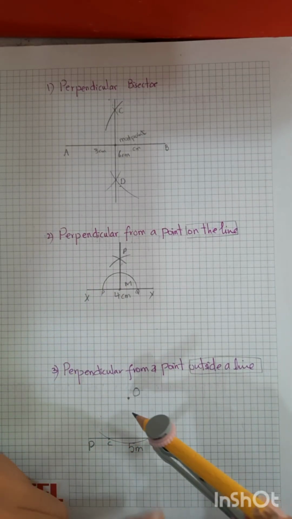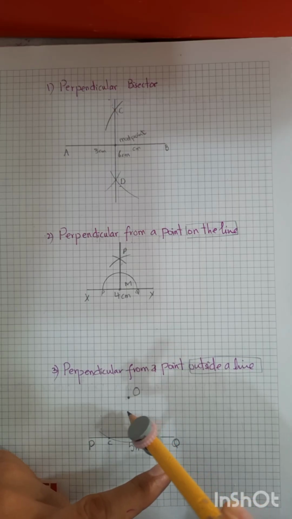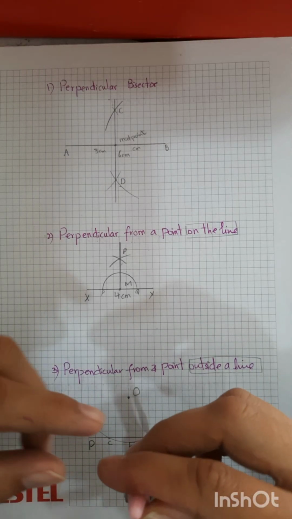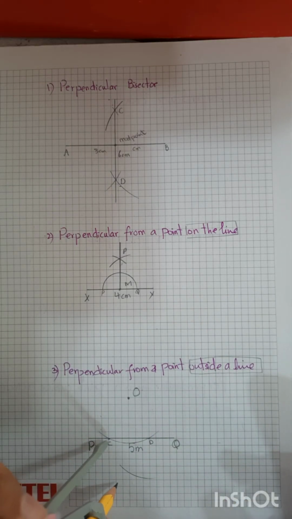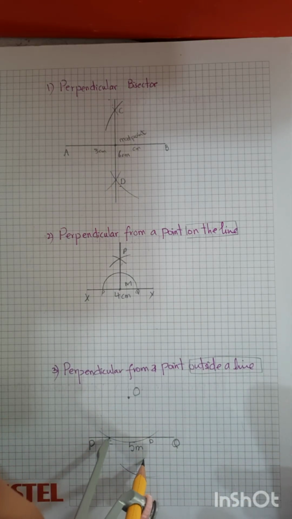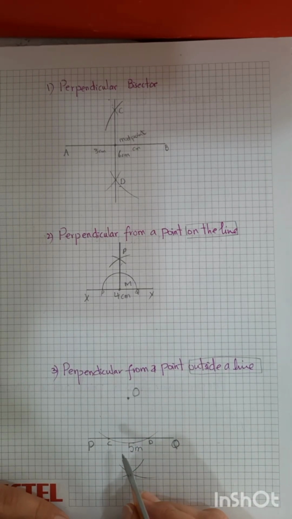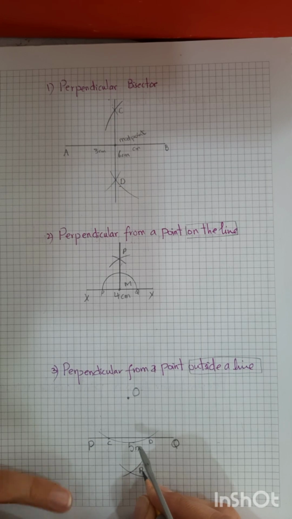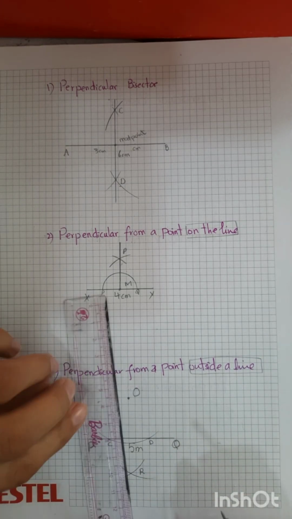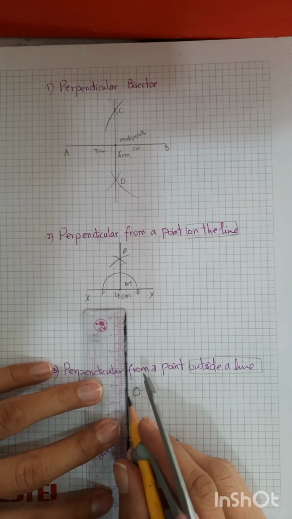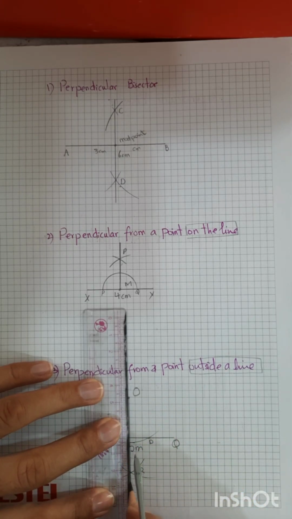You have to keep the compass on point D and draw an arc downwards like this, and then keep the compass on point O and draw an arc like this. Again you got one intersecting point which you can name R, for example, and then you have to connect point O with point R, which will be your perpendicular.